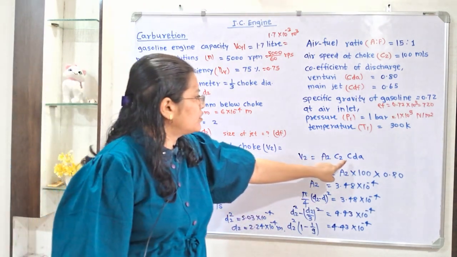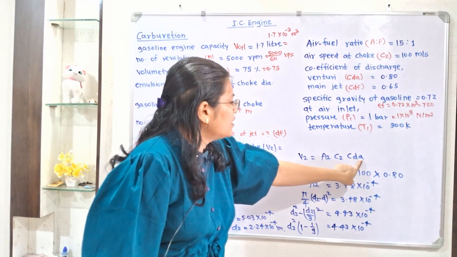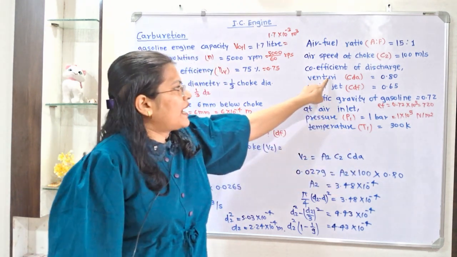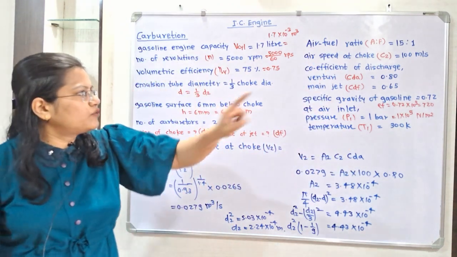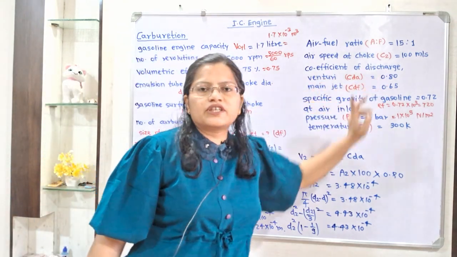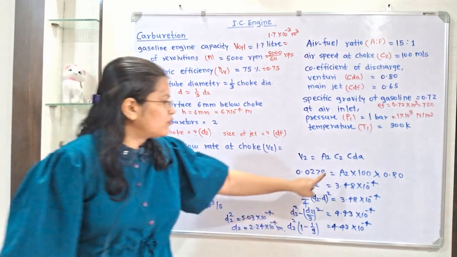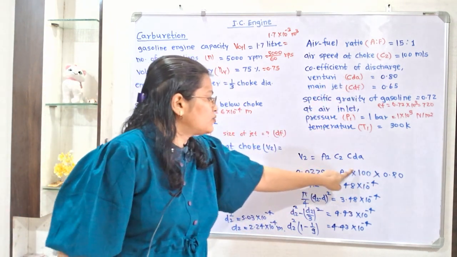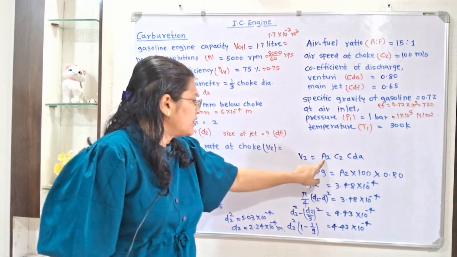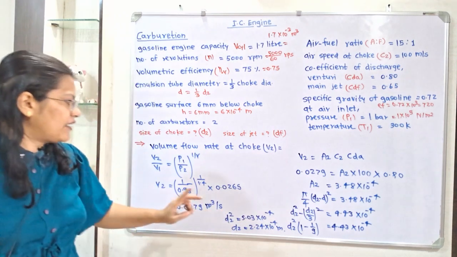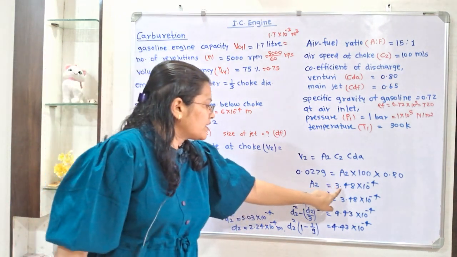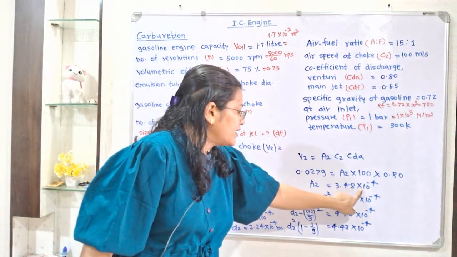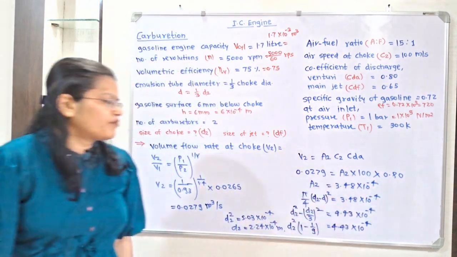The coefficient of discharge of the air at the venturi, that is at point 2, CDA, is given as 0.80. So we will use this value 0.80. C2 is also mentioned in the question, and this V2 we have calculated. So A2 is equal to 3.48 into 10 raised to minus 4.